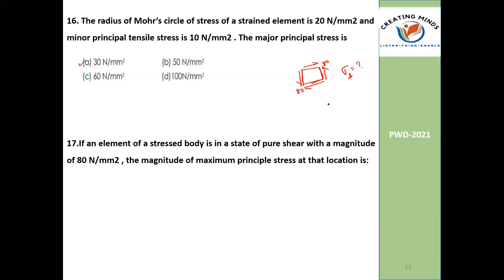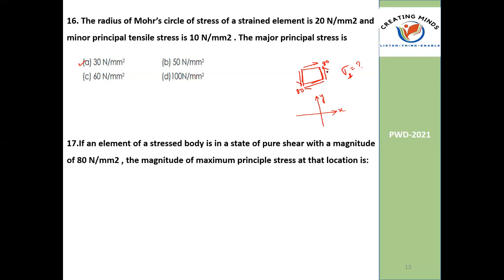You can try with the help of Mohr circle, or you can use the analytical equation. If you try with Mohr circle, what happens? If you consider the x-axis as well as the y-axis, there is zero normal stress, and if the shear is clockwise you take it negative, anti-clockwise you take it positive. First I'll consider the x direction.